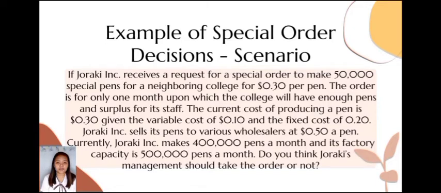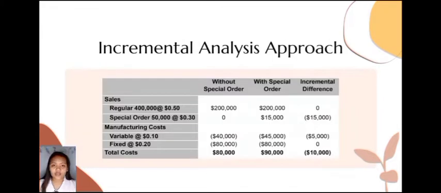In the example, if Joraki management accepts the special order, the total pens to produce will be 450,000 and its factory capacity is 500,000 pens. Therefore, there will be an excess capacity to fulfill this order. So, number 1 is checked. Let's now proceed to number 2, which is, will the order be profitable?